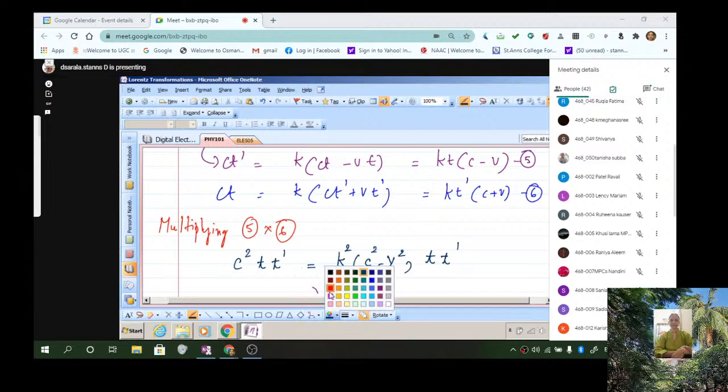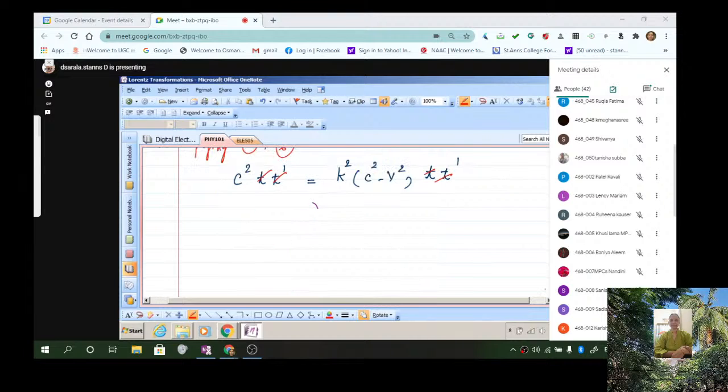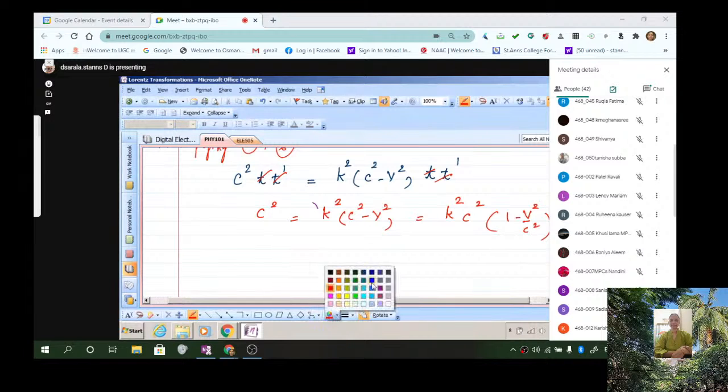Now, can you cancel some of the terms? t dashed, t dashed can be cancelled. Now, what are we getting? Therefore, what you are getting is c square is equal to k square (c square minus v square), which can also be written as, if you take c square common, 1 minus v square by c square. So what is the purpose in writing like this?